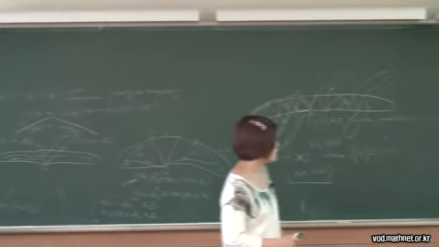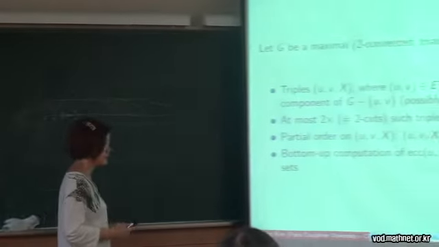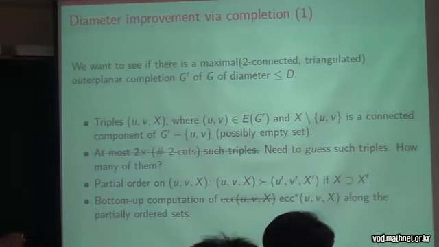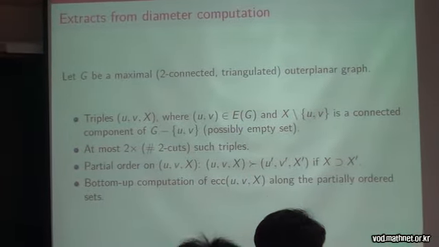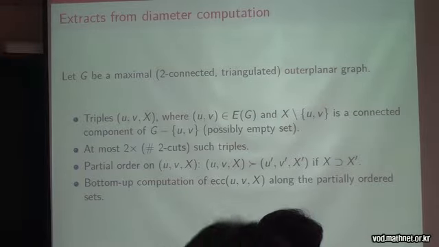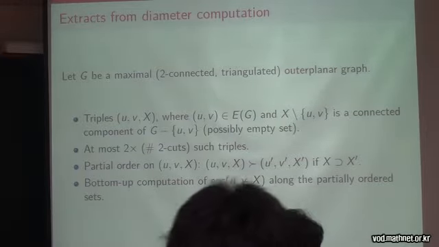So this is what we have. We have defined tuples U and V, and X is the set of vertices whose boundary is exactly U and V, and there are at most a linear number of such tuples. Well, okay, let's say polynomially many such tuples, and you can define a partial order.